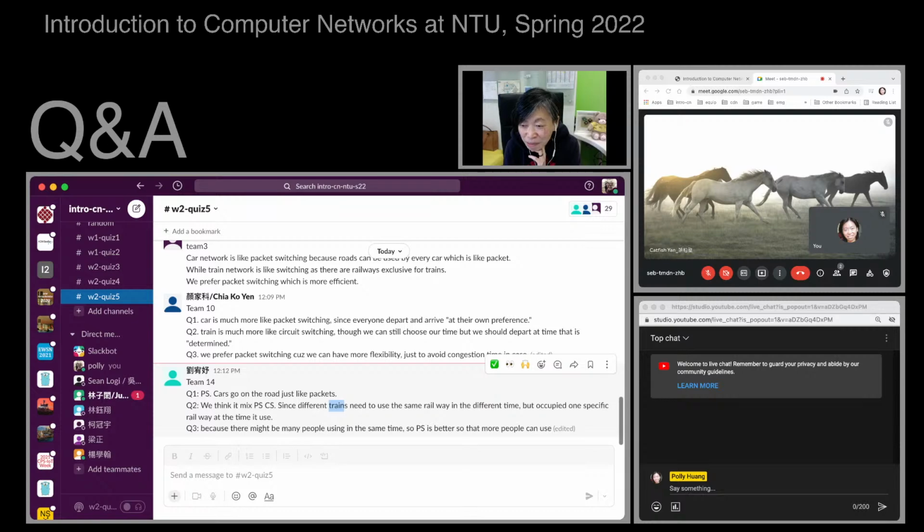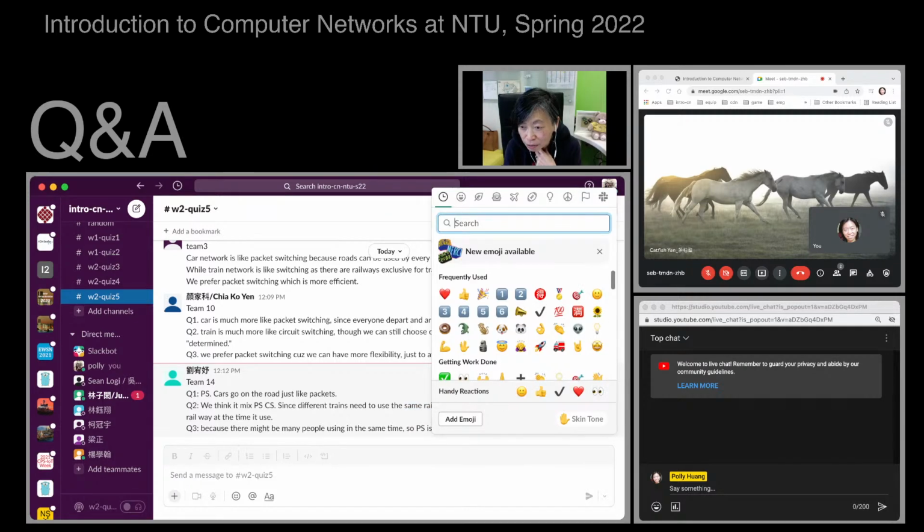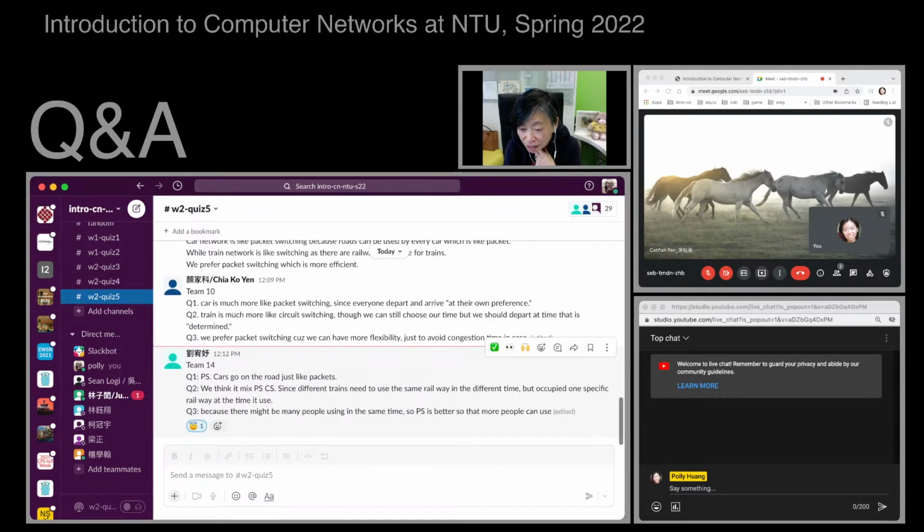The latter part makes it look more like circuit switching, but multiple trains might go through the same segment, so it's a little bit packet switching, right? You share resources to some degree in a train network. Very well done, very good observation. Generally these days, we prefer more flexible solutions such as packet switching. Very good.